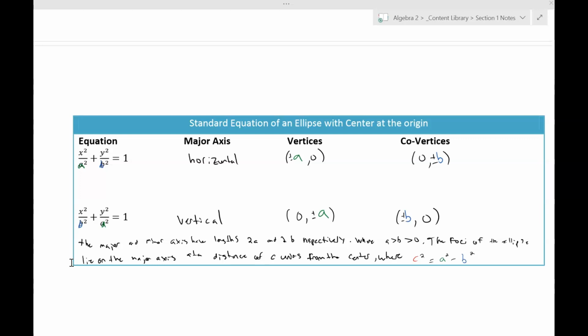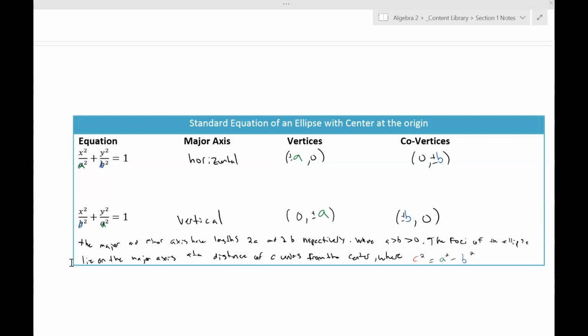One thing before we move on, I want to clarify. If you have an ellipse, x squared over something plus y squared over something equals 1, you can tell whether it's horizontal or vertical by looking at whichever value is greater. If the value underneath x squared, this a, is larger, then it's horizontal.